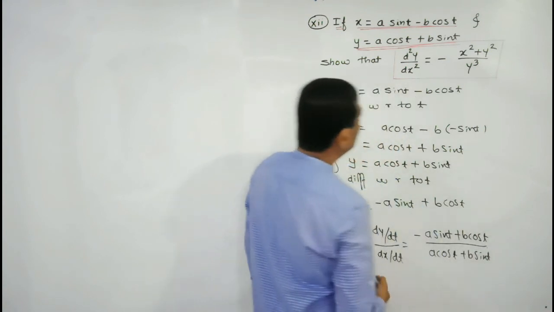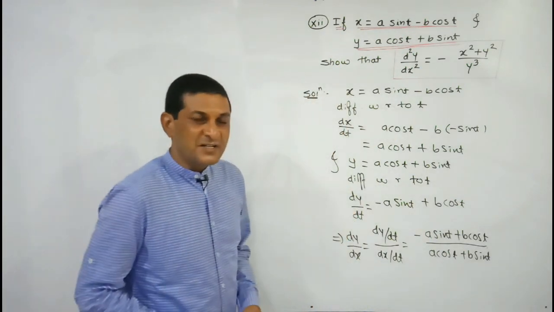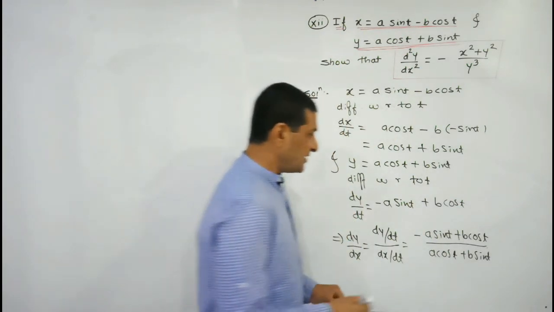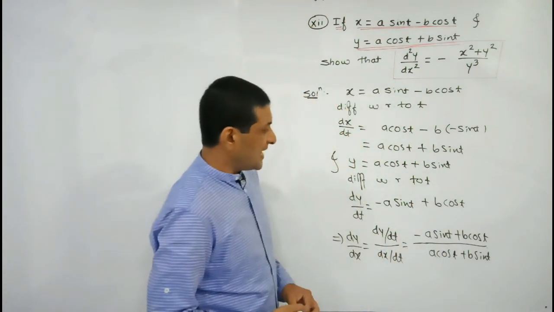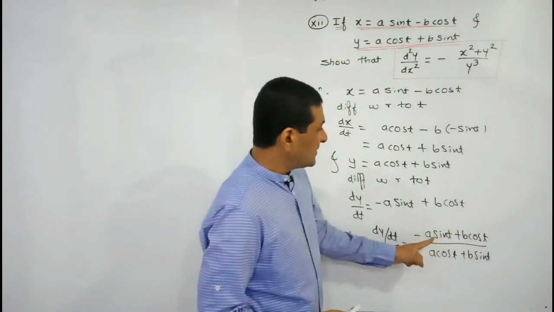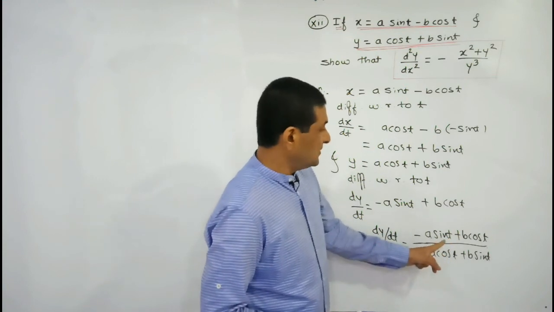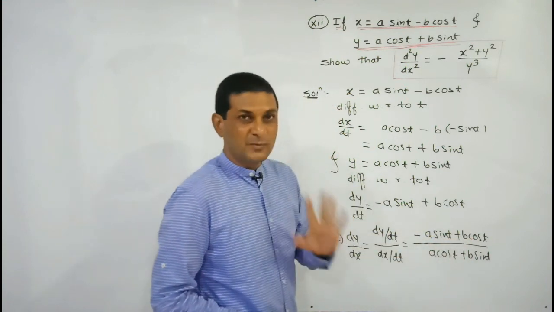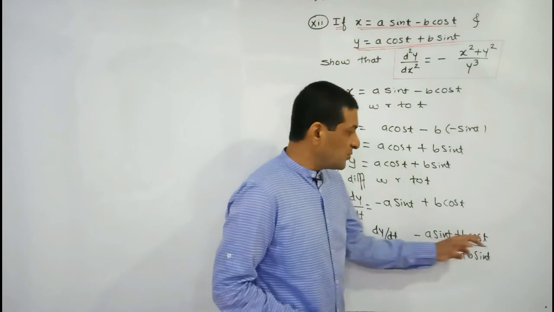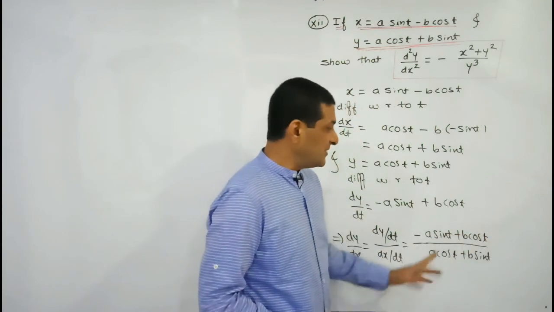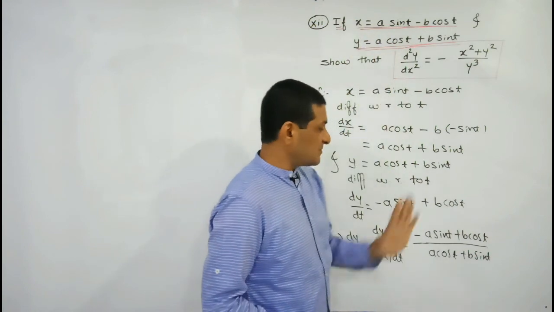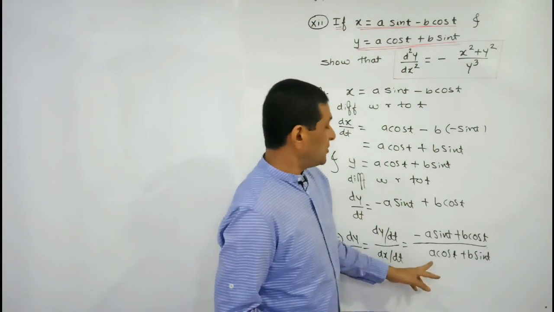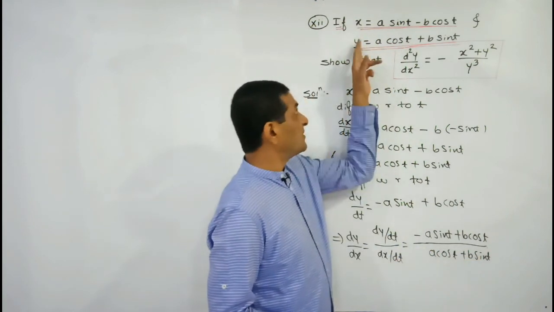Okay, now we are trying to convert it in terms of x and y. So to convert it in terms of x and y, here we can observe that if I am taking minus common from the numerator, this negative term will become positive and positive will become negative, and we will get a sin t minus b cos t, which can be replaced by x. And here clearly we can observe that this denominator is nothing but the value of what?